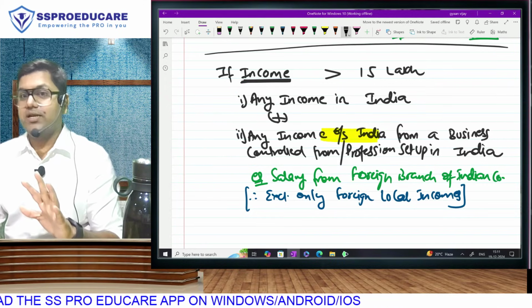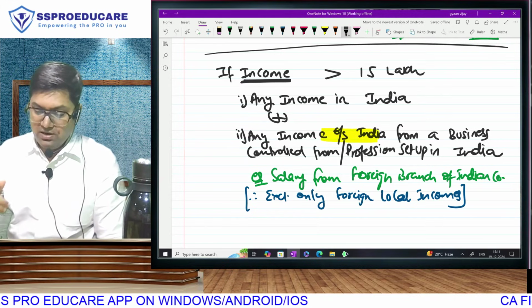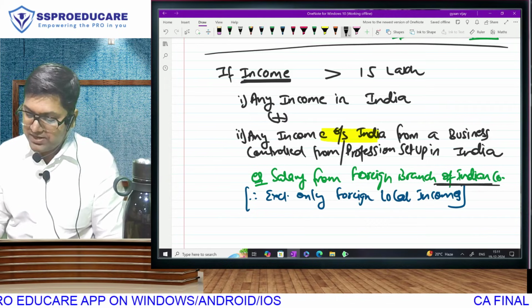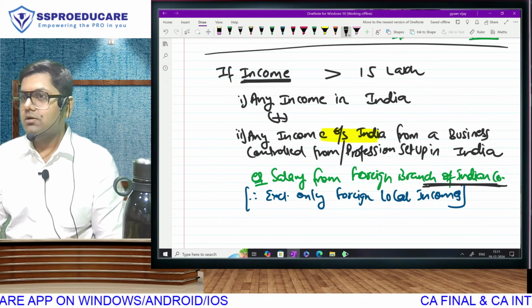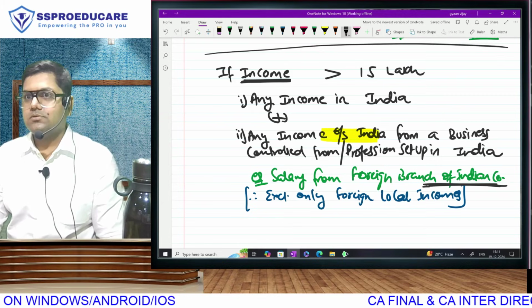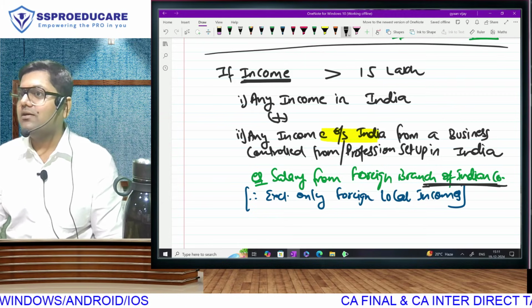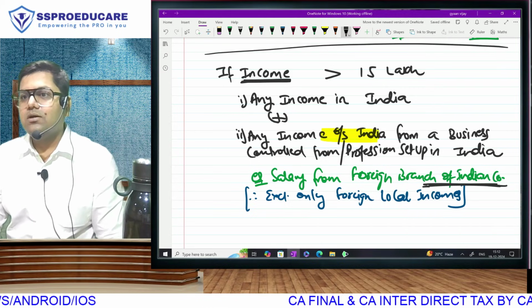If we don't make you a resident, we will not be able to tax this income. Is the government right in expecting tax from this income? Yes, because there is some Indian connection involved. So we want tax on that income. But if you become non-resident, we will not get it. We will get tax on that income only if we make you resident.